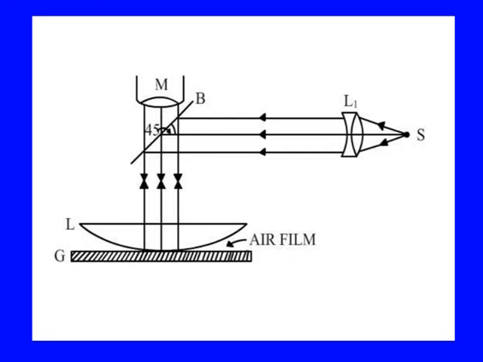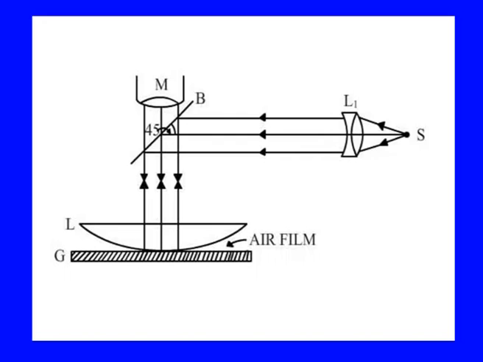You see, this is the setup. G is the glass plate, L is the plano-convex lens, and an air film is formed between the two surfaces. S is the source, L1 is this lens. A broad beam, almost parallel, is falling. Remember, we can't have a point source here.